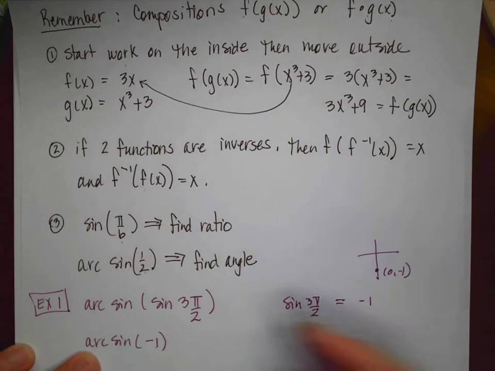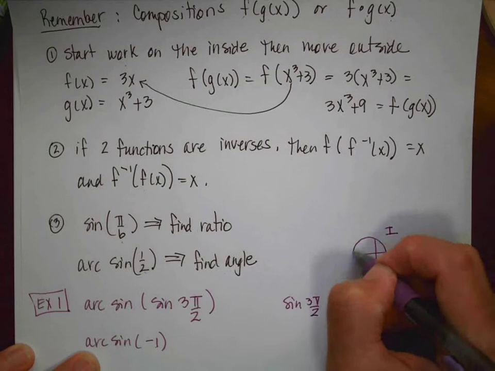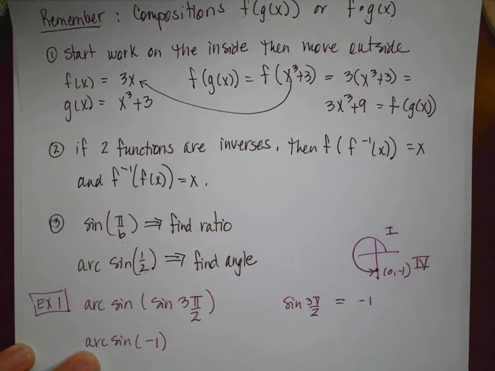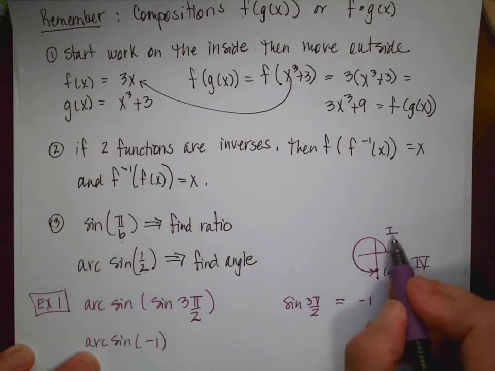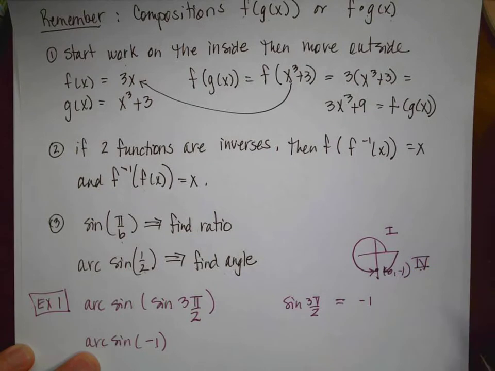But remember, this one is tricky, and this is why I chose this particular problem, okay? If I had gone from here to here, that would be the 3 pi over 2. Very common mistake, but remember that arc sine is limited to the first and the fourth quadrants, which means I can only do the negative rotation, so this is going to be negative pi over 2.